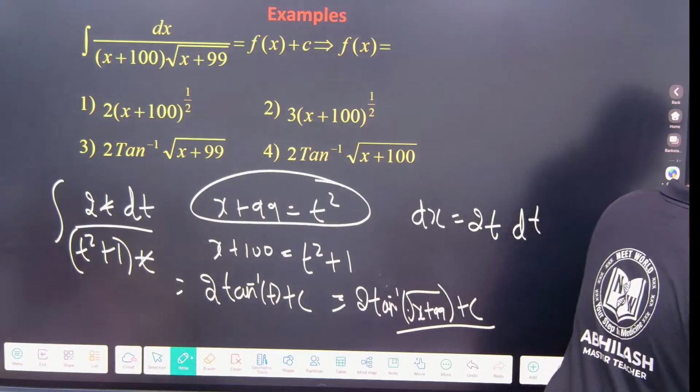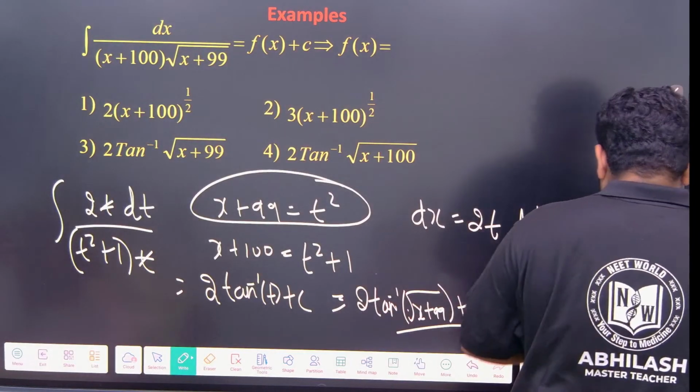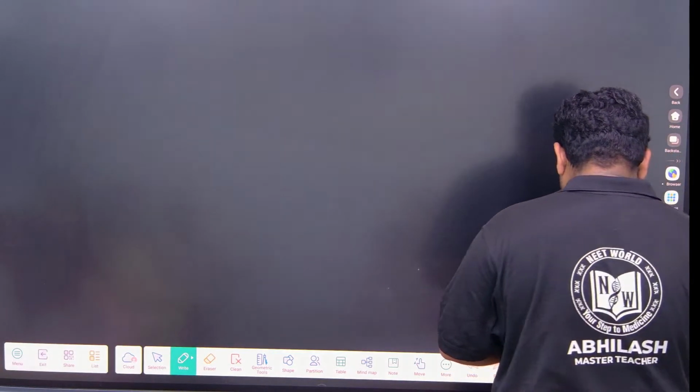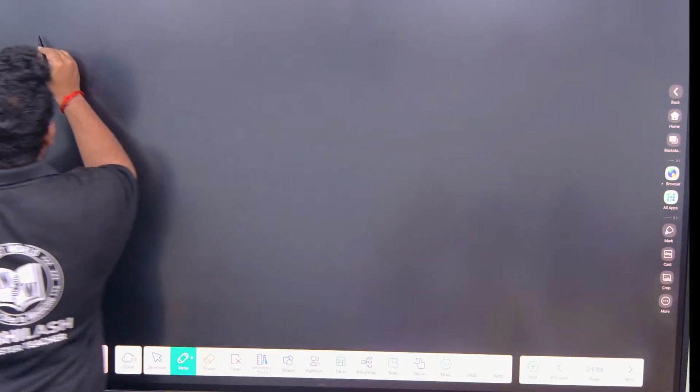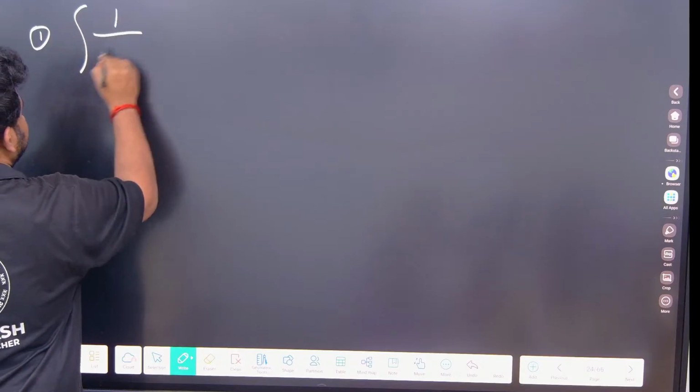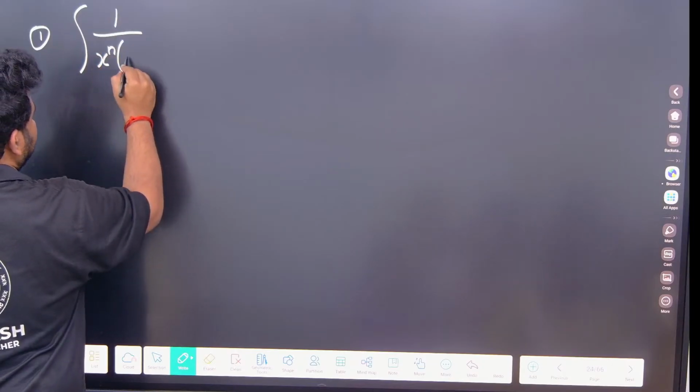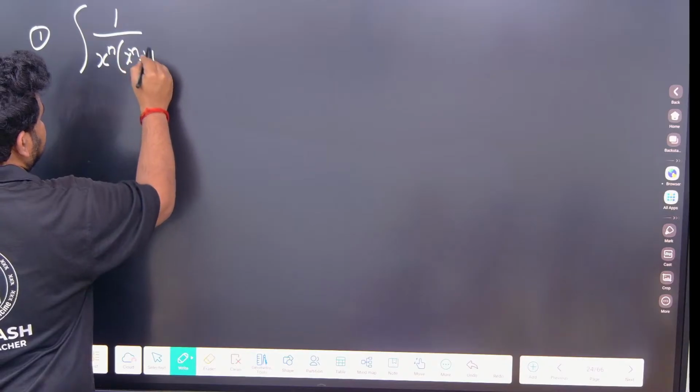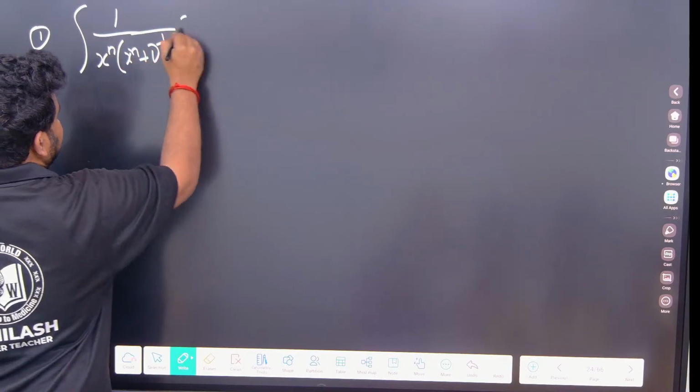Now before going to the next forms, I would like to tell you one more important form. If they give a question of this type, the first one is integral of 1 by x power n into x power n plus 1 to the power of 1 by n dx.